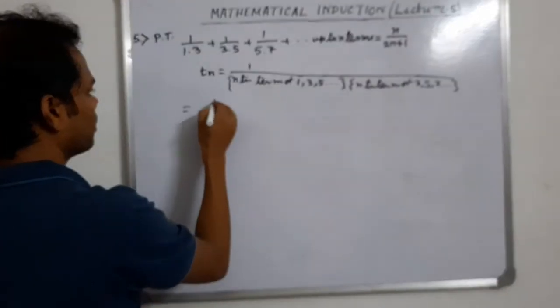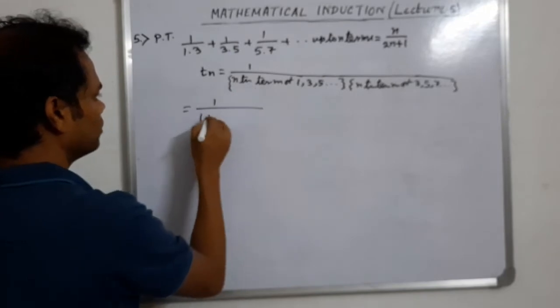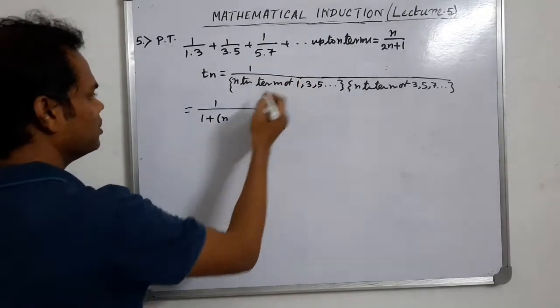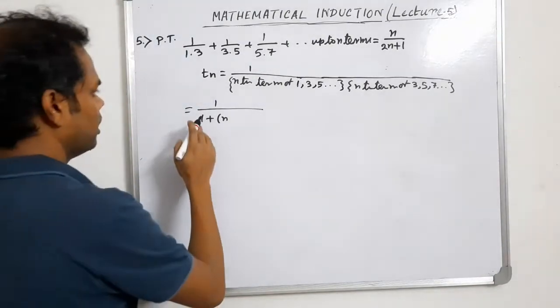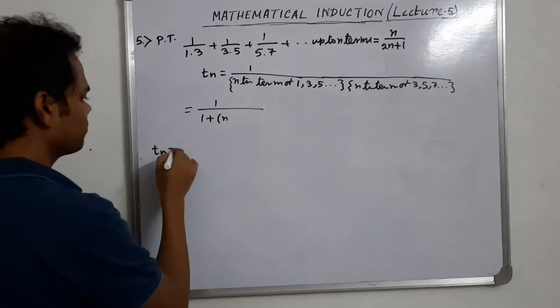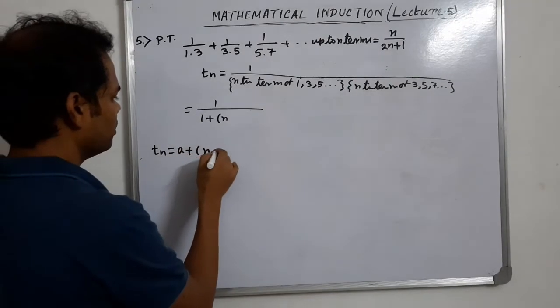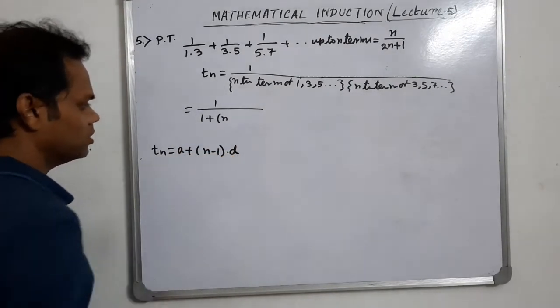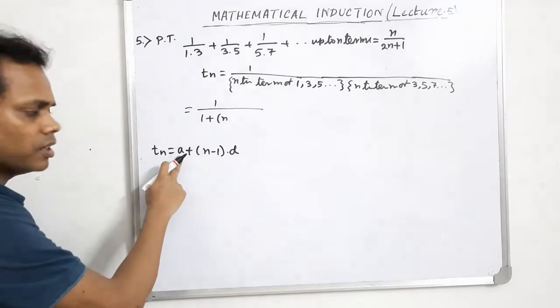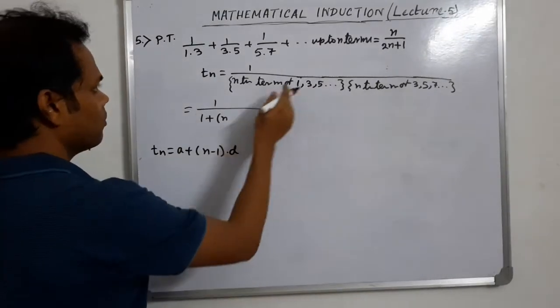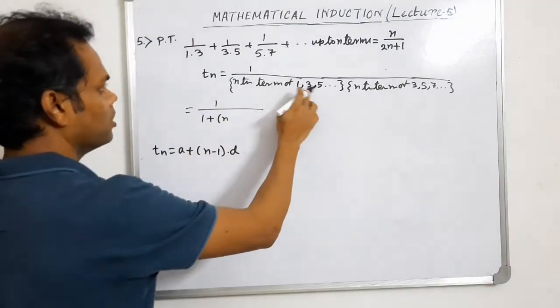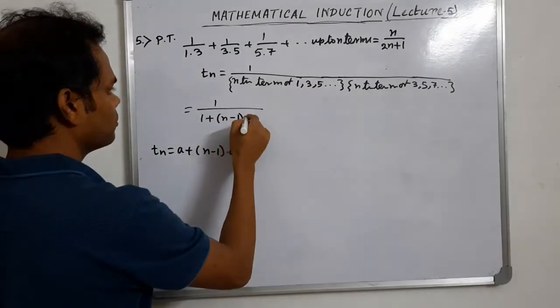So here the first term is 1 and the common difference is 2. The formula of arithmetic progression: the nth term is a plus (n minus 1) into d, where d is the common difference, a is the first term and n is the number of terms. So here the first term is 1 and the common difference is 2, so 1 plus (n minus 1) into 2.